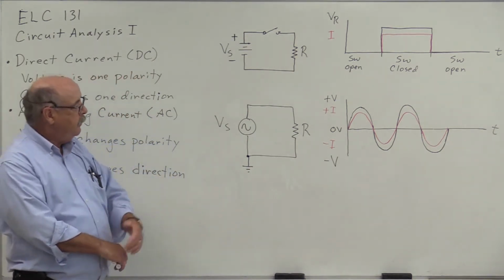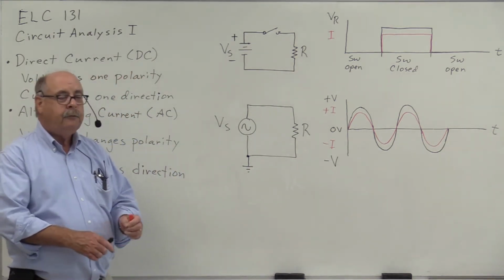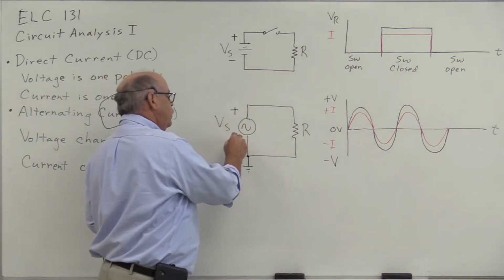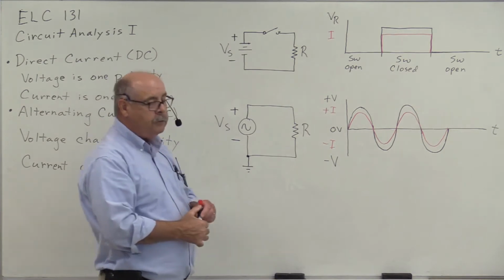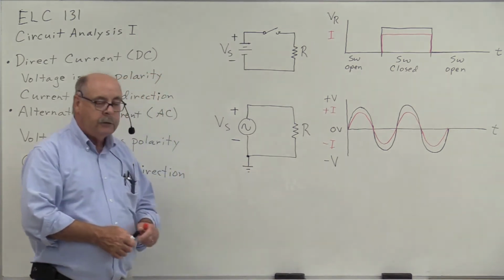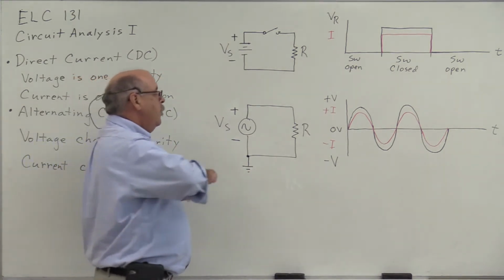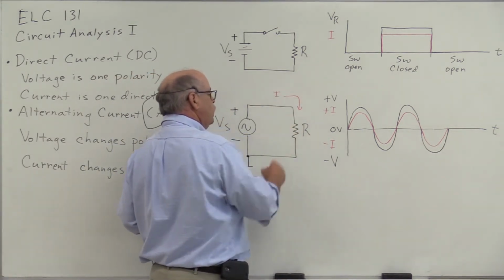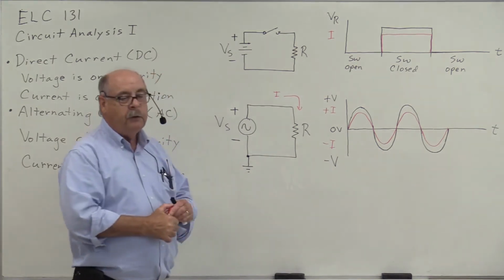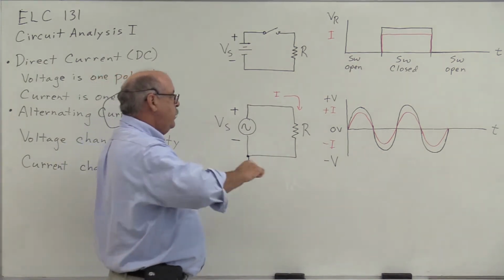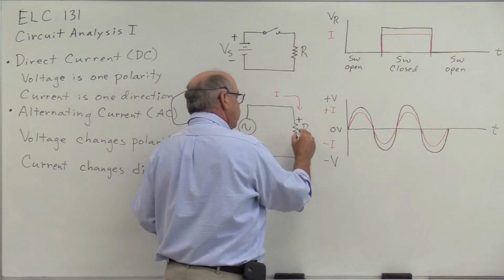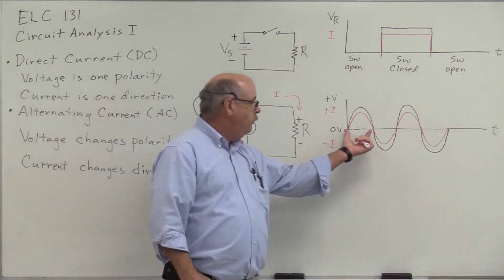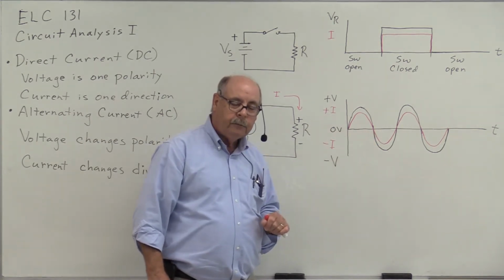And we see from the plot on the right that for a certain period of time, the polarity of the voltage source is positive with respect to the ground. Current will flow in this direction in the circuit, and of course the voltage developed across the resistor will be positive to negative as shown. So that's this period of time right here.